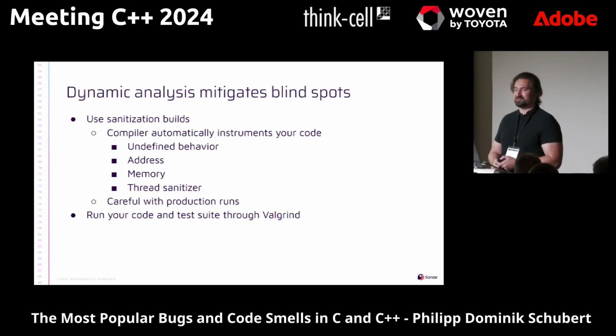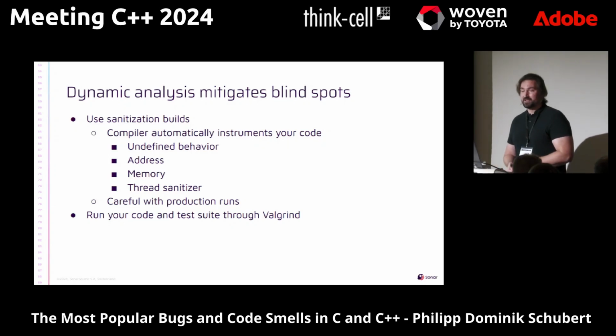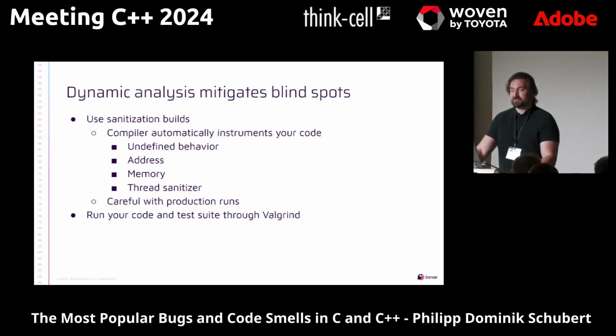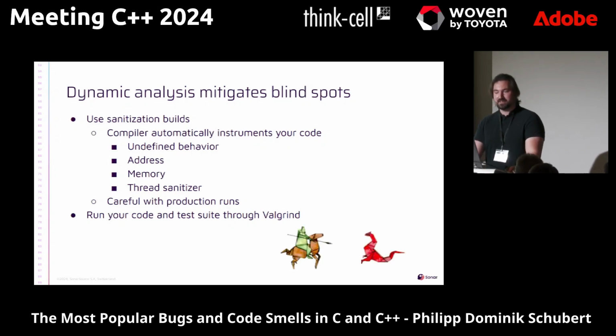It can be potentially dangerous. Run your code and test suite through Valgrind. I know many projects whose test suite has a switch. You can just add another flag when running the tests, and it says, run every single test through Valgrind, which is mostly a memory error detector, a dynamic analysis, and it will find a lot of stuff.